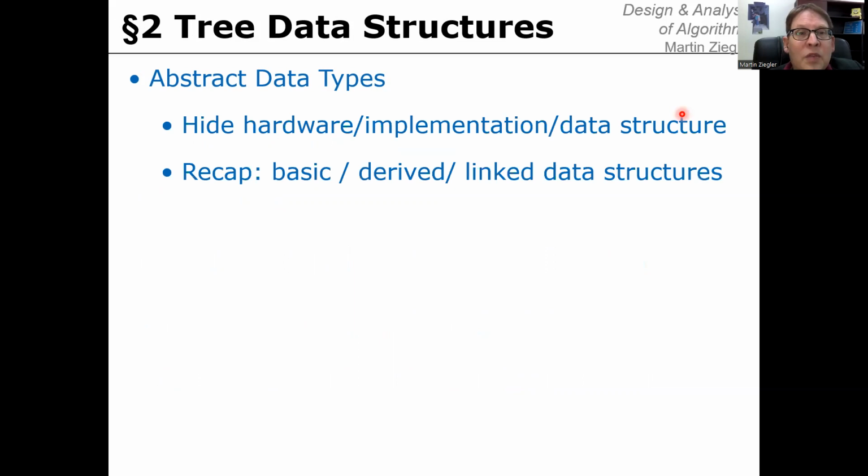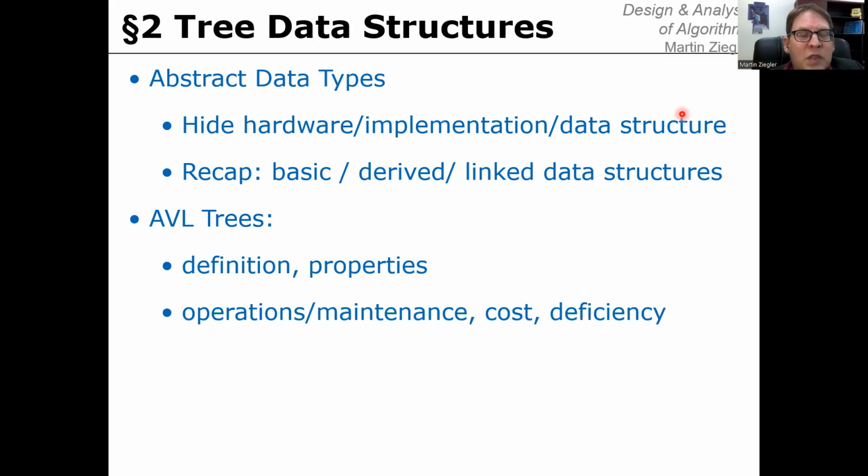Then we'll briefly recall basic data types and derived data types, in particular linked data types and linked data structures, such as trees. And here we're going to expand on AVL trees, their definition, what is an AVL tree, and their properties, the depth and size relation.